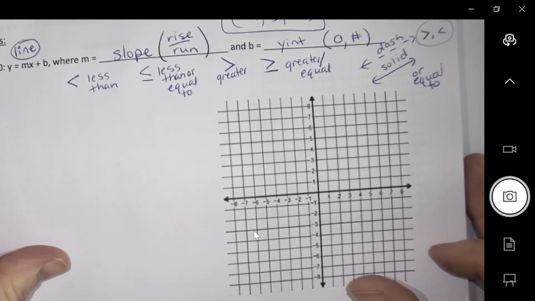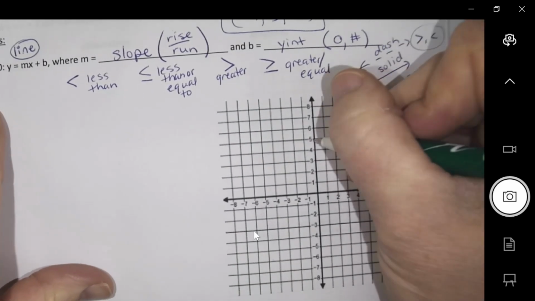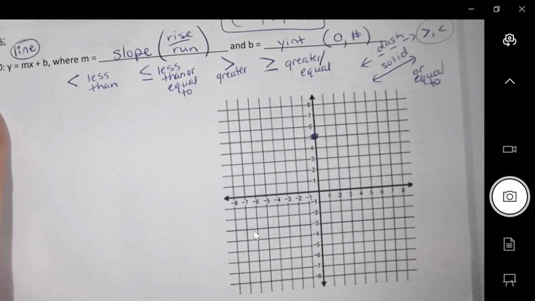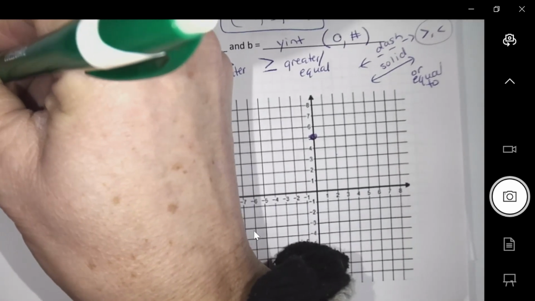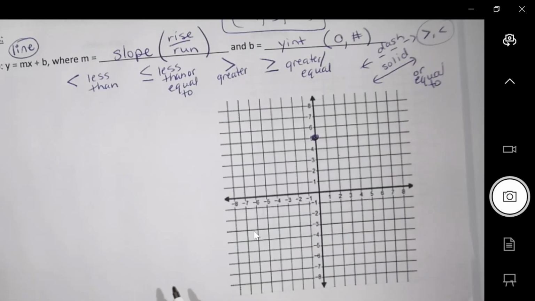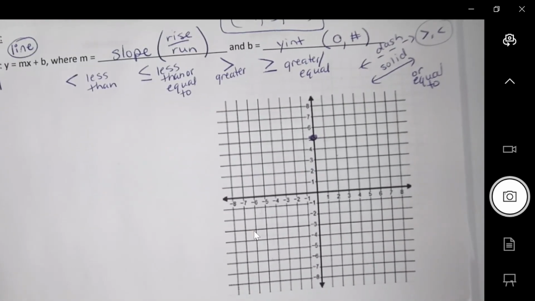First equation here, I'm going to start with the y-intercept 5. So put a coordinate 0, 5. And what is the slope? How many x's do you have? 1. You have 1 x.